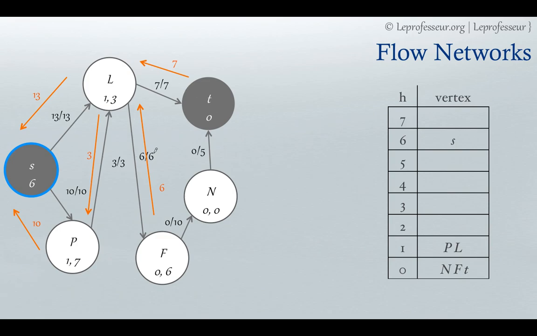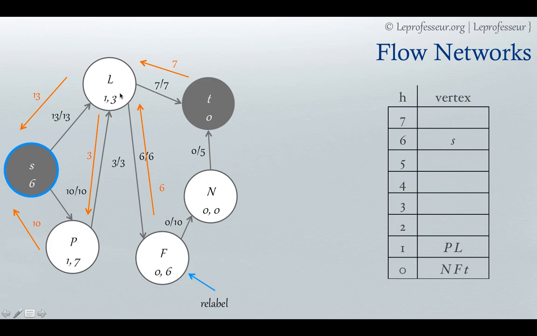So it transferred 6 units to F, and the excess flow at F becomes 6, and it transferred 7 units to T. Okay, that is our sink node. And how much is left at node L? That value is 3 units of flow or fluid left at L. Okay, good. So far so good.